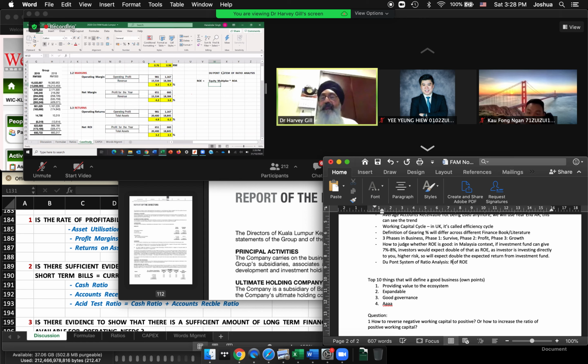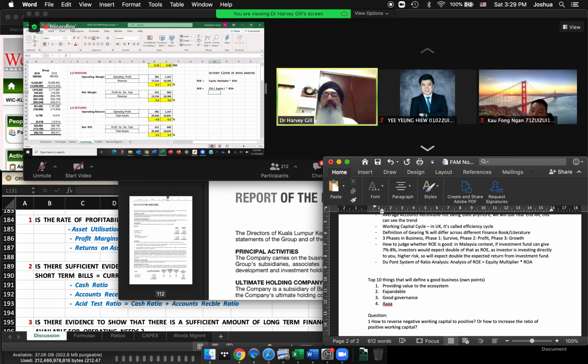So what is equity multiplier? ROE is equal to total assets divided by equity multiplied by ROA.